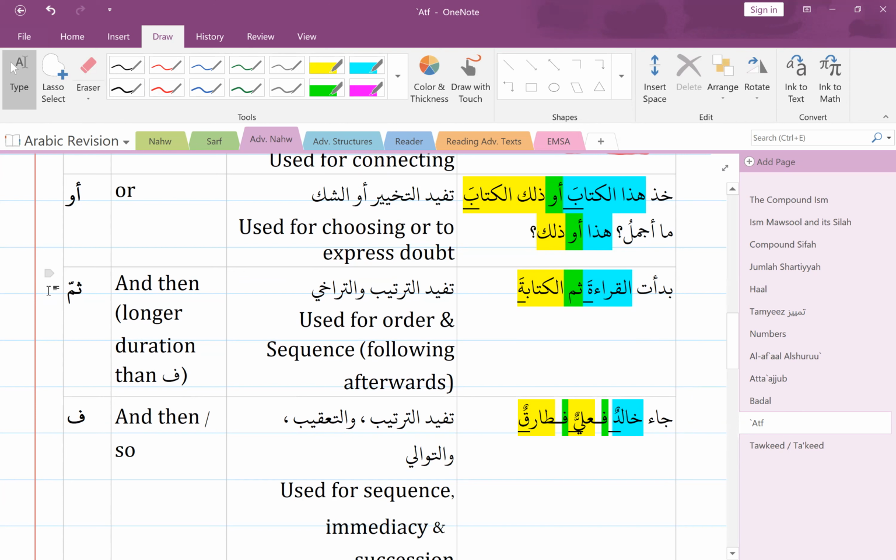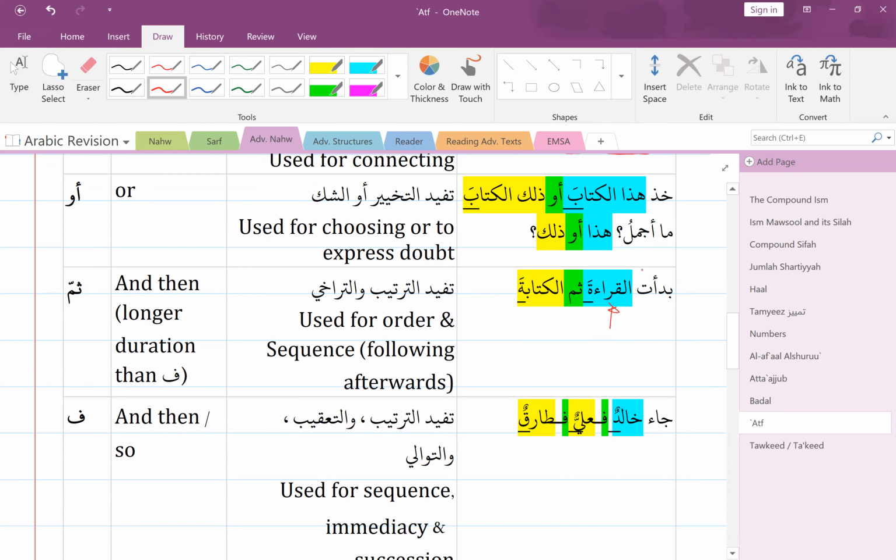It's used for order, like a sequence, 1, 2, 3, 4. And basically the thing is coming after this one. Okay, it's following the previous thing. For example, if we say بدأت القراءة ثم الكتابة. I started reading, then after some time I started writing. Reading is something that takes time.